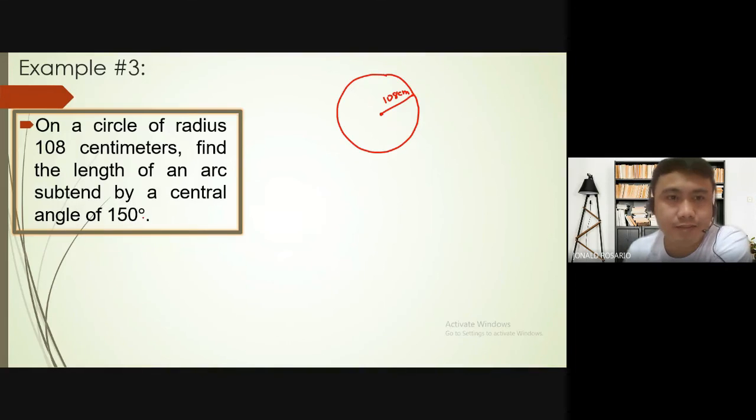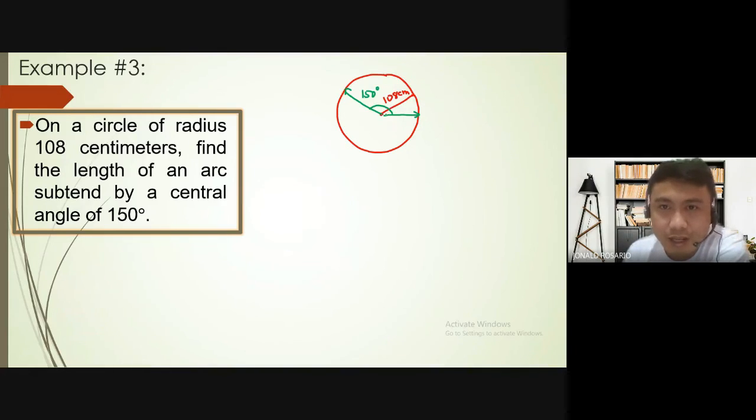Just for an illustration, kung mag-start tayo dito, and we're looking for the central angle, 150 degrees. So, yung nasa gitna is 90. Dagdagan natin ng 60. So, maybe around here. So, this is 150 degrees.